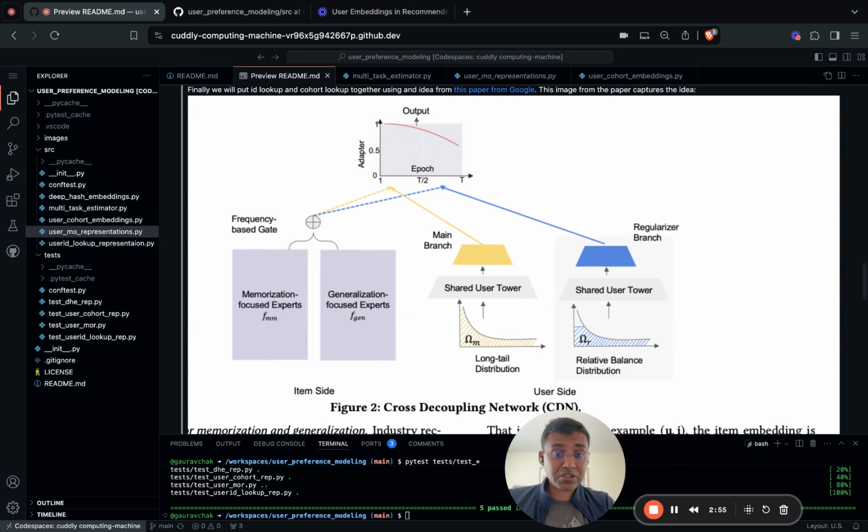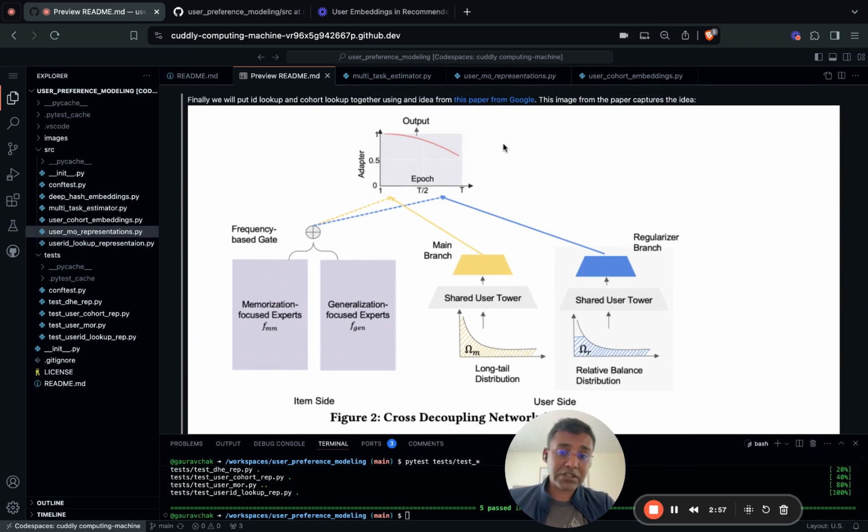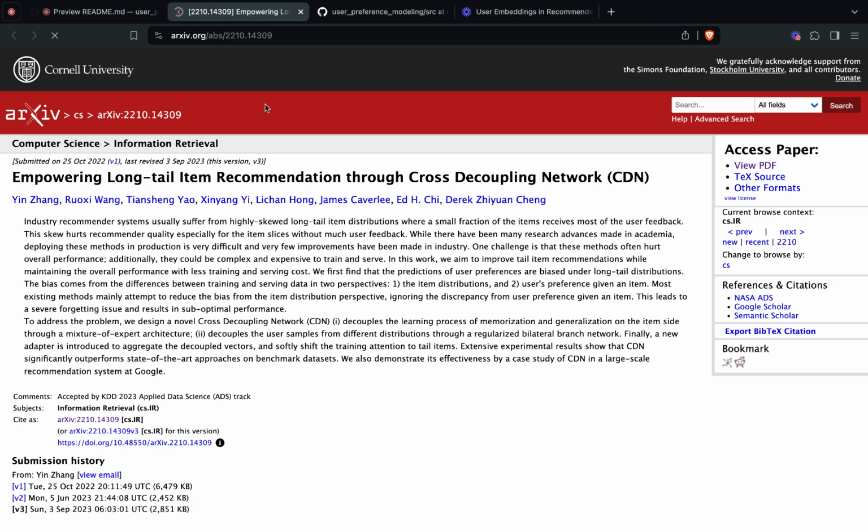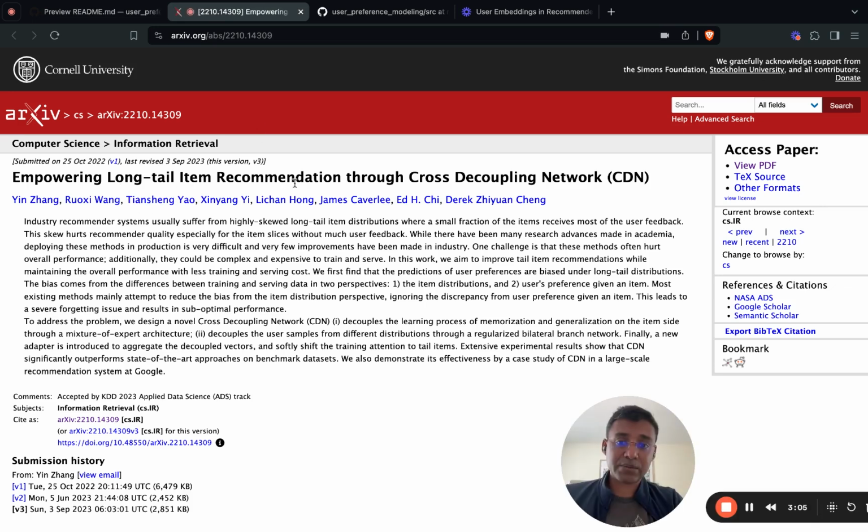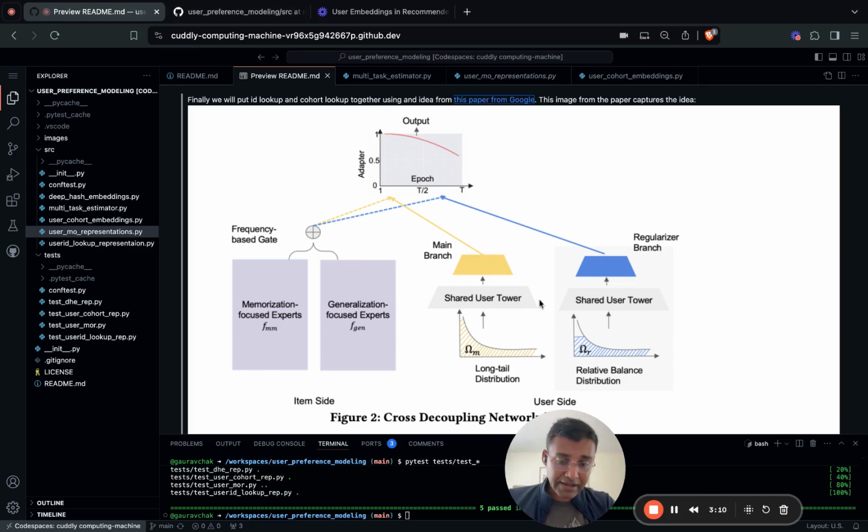which is also inspired by this paper from Google. It's the cross decoupling network. This is the paper, empowering long tail item recommendation through cross decoupling network. I have added a picture from the paper here, which broadly says there are memorization parts of the network and there are generalization parts of the network.